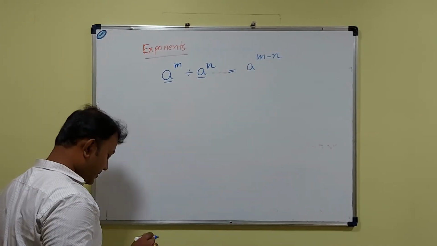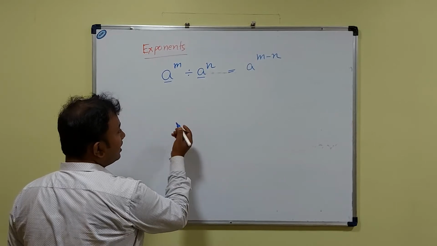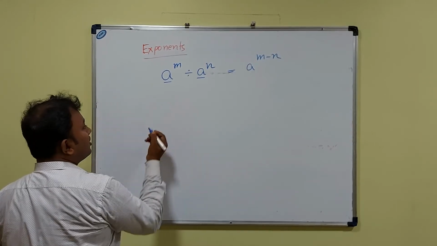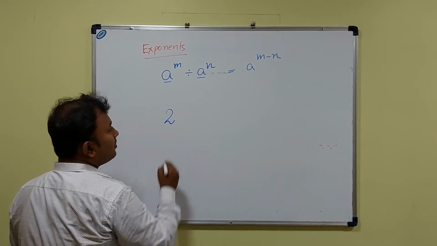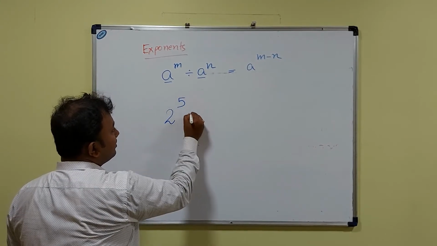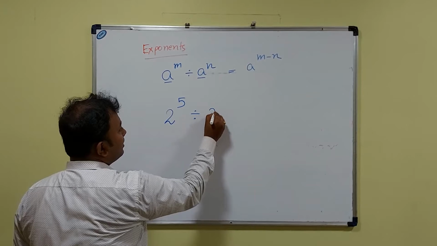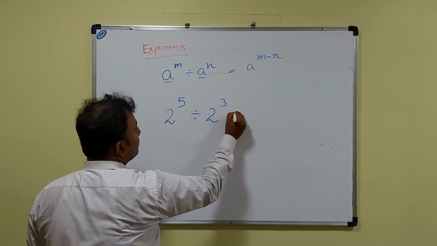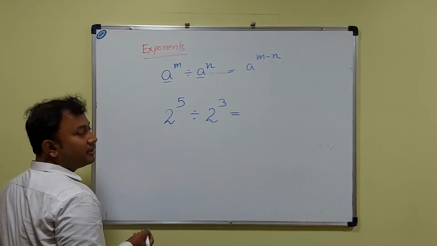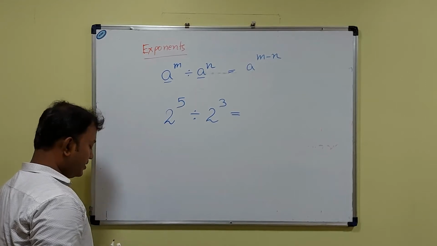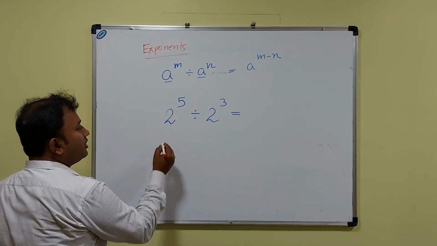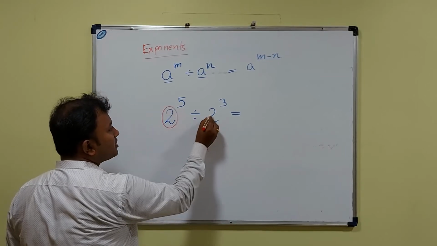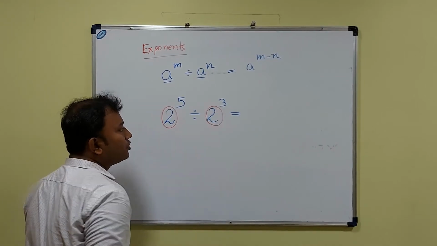Let's see an example for this: 2 to the power 5 divided by 2 cube. Here in both cases the base is the same, that is 2.